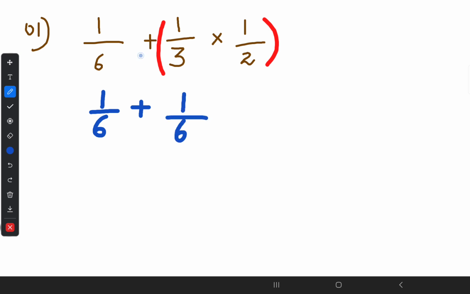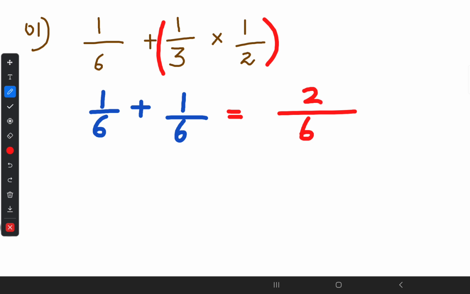We did the multiplication operation first. Then after we have only one operation. The denominators are the same, so in the final answer also the denominator would be 6. You should add the numerators. 1 plus 1 will become 2.